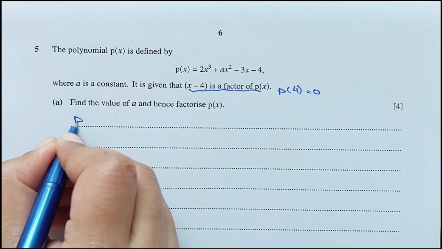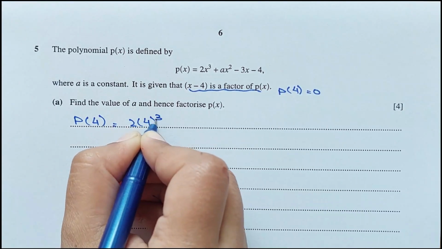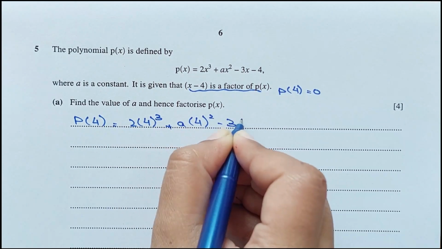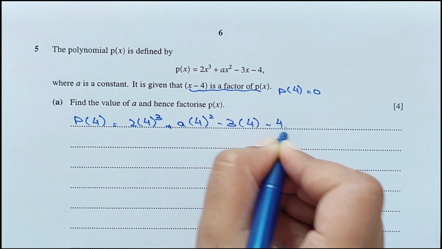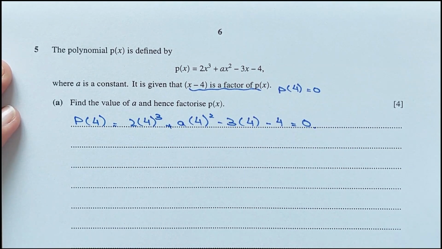Let me solve for p of 4. 2 times 4 cubed plus a times 4 squared minus 3 times 4 minus 4 equals 0. From here we can easily get the value of a, right?